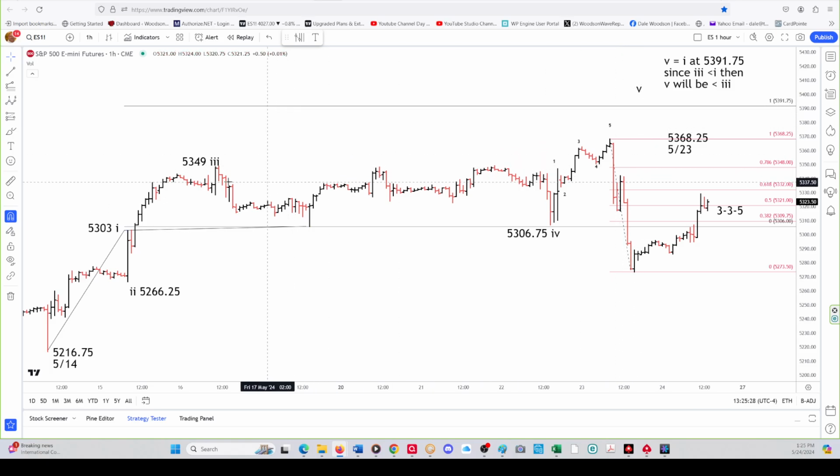The thing is here, this wave 3 I think is a total of 3 points less than wave 1. So what we put out is since 3 wasn't as big as 1 by 3 points, then 5 will be less than 1. 3 cannot be the shortest, but it can be shorter than 1 as long as 5 is shorter than 3, if that makes sense.